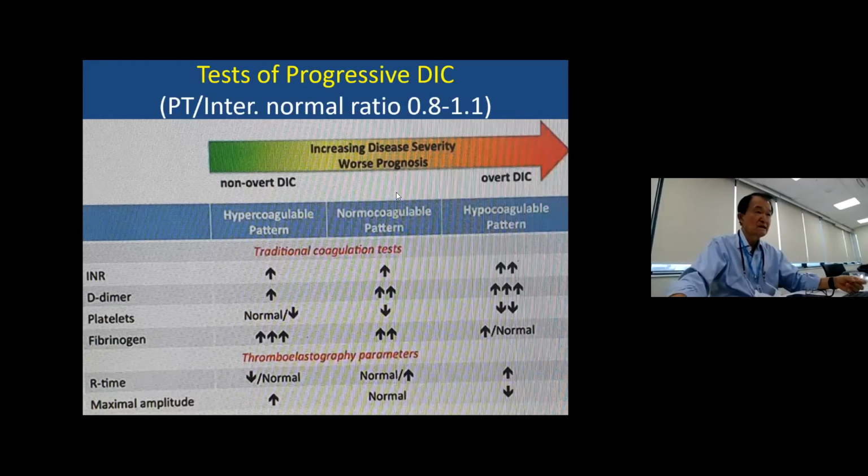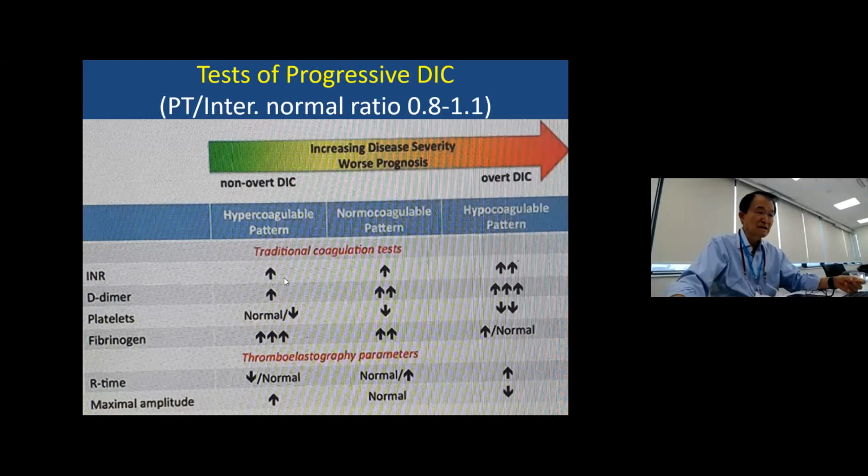So we have some clinical routine tests, and then the international normalized ratio. That's a prothrombin time ratio. Prothrombin time is basically the extrinsic factor, partial thromboplastin time the intrinsic factor. But this PT international normalized ratio is normally 0.8 to less than 1.